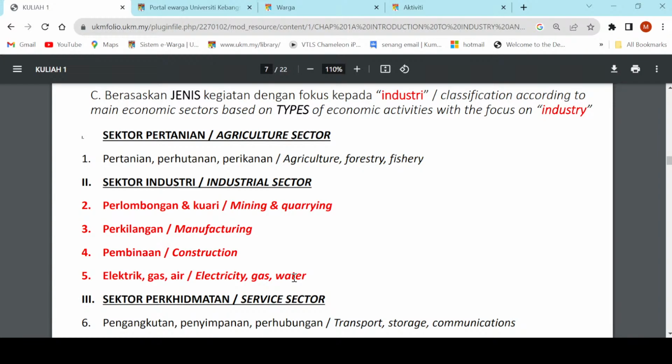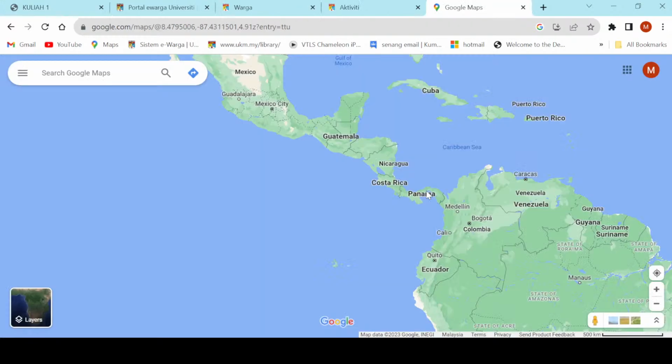Otherwise, a product from New York, here is New York, wants to go, for example, to Mexico, or even to California, or even to Alaska here, by the sea. For example, that product is better to use the sea.